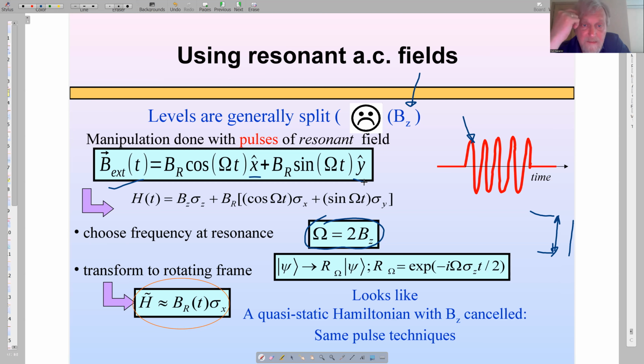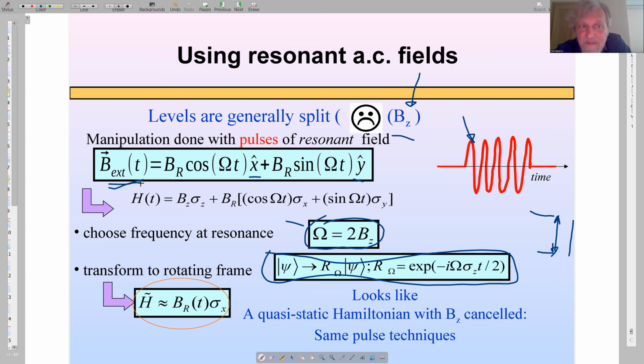How do we understand mathematically how it works? Well, it is a transformation of the time-dependent Schrödinger equation describing the qubit into a rotating frame. If we consider a frame which rotates about that axis with this frequency, in this system of coordinates there's no BZ field. It is cancelled.